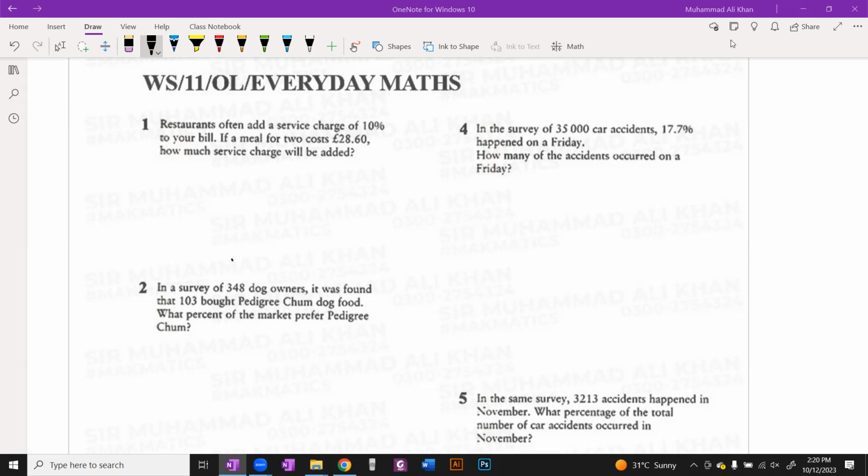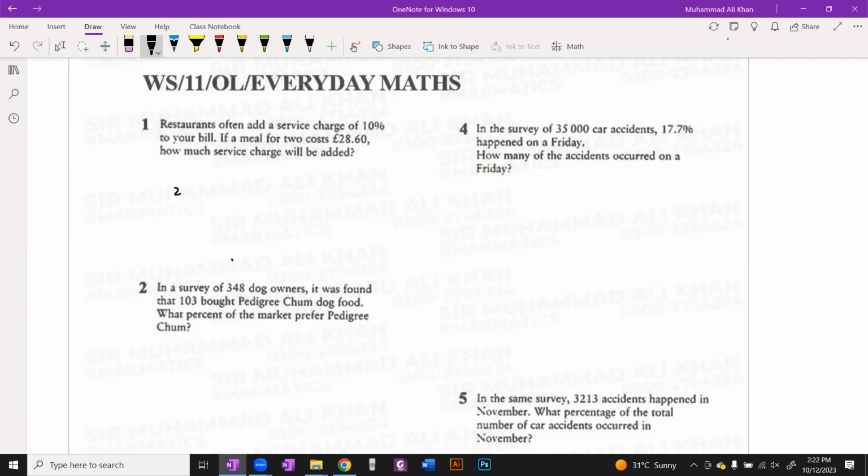Question number 1. Restaurants often add a service charge of 10% to your bill. If a meal for two costs £28.60, how much service charge will be added? That means 10% of this.